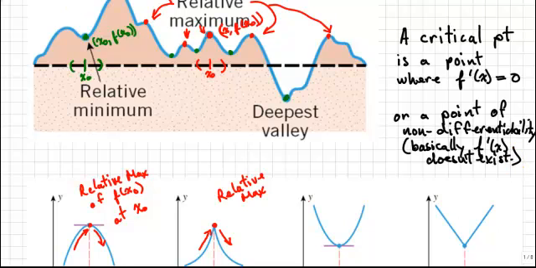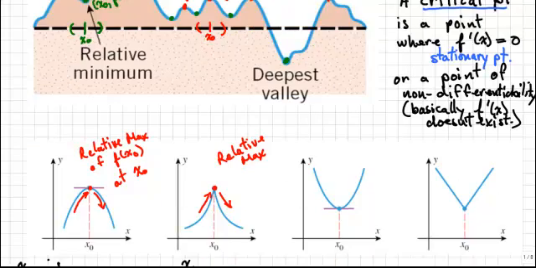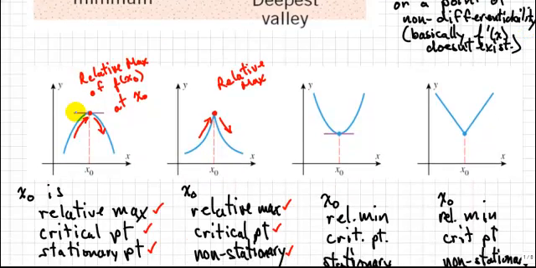I left a little space in there because when you've got a critical point, and it's a point where the derivative is equal to 0, that's called a stationary point. So when we look over here, this is a stationary point. Look, you get a horizontal tangent line drawn in there, right?